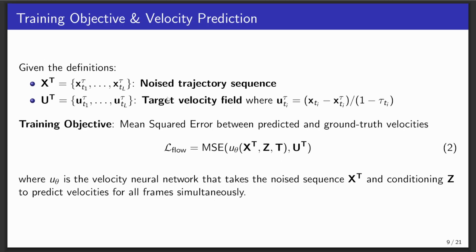Given these definitions, the training objective is the mean squared loss between the predicted and the ground truth velocities. Here, U theta is a flow matching model which predicts the denoising velocities, and it generates the velocities for all frames simultaneously.